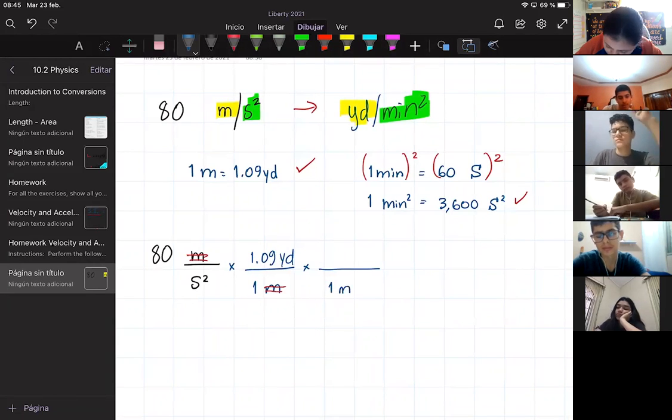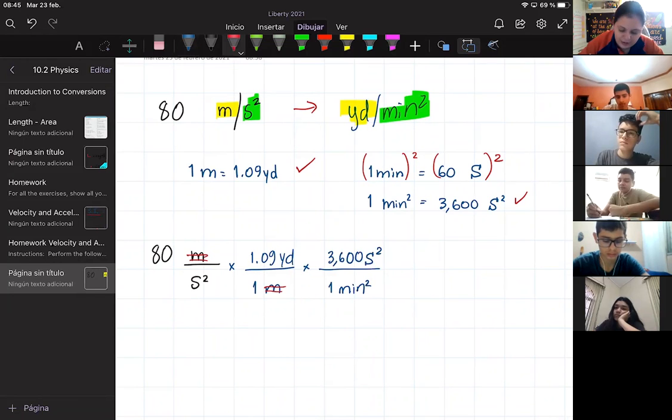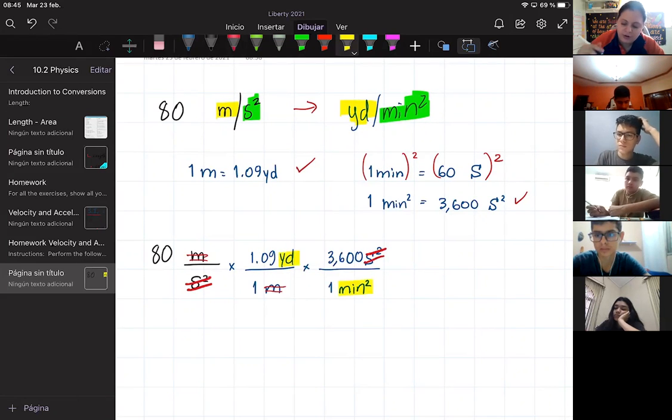In 1 minute squared, you have 3,600 seconds square. Now you can cancel these units, okay? And the remaining units are going to be yards per minute squared.